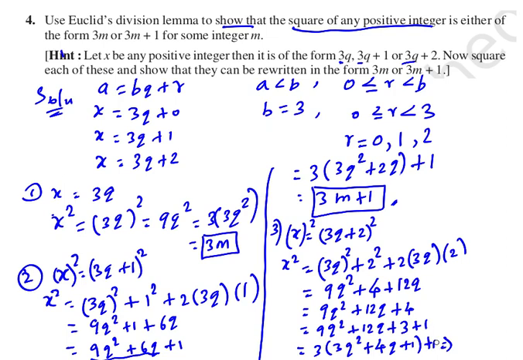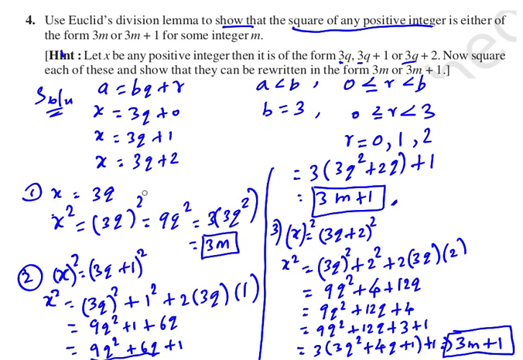If we consider the bracket as m, the whole format we can write as 3m plus 1. So (3q plus 2) the whole square, this x square, can be written in the form of 3m plus 1.